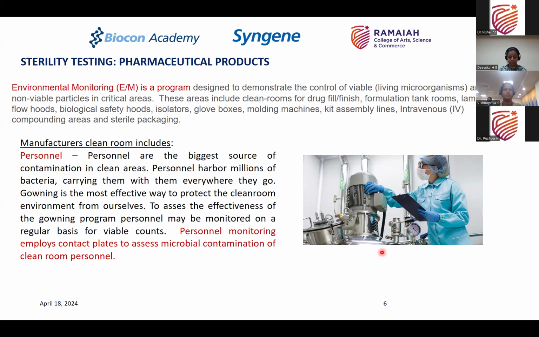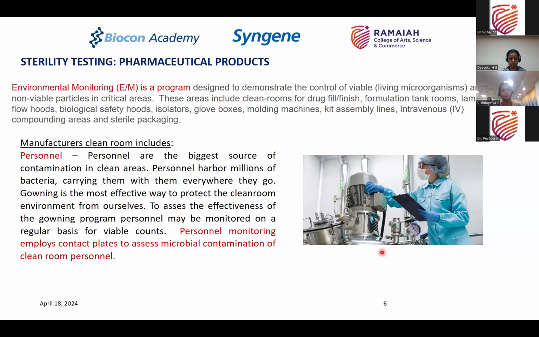We have to monitor the personal hygiene of whoever is entering that room, and the different wear that person is going to wear, to check that it is sterile. How we are going to do that, I am going to let you know.